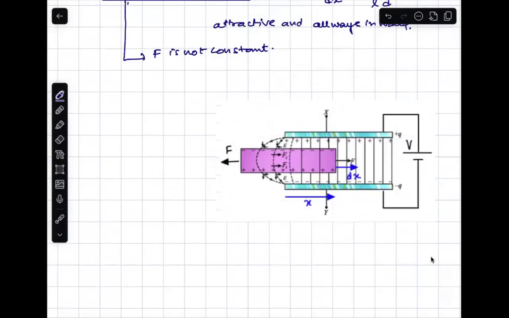This is coming under the suction force on dielectric slab with battery connection on. Battery connected.